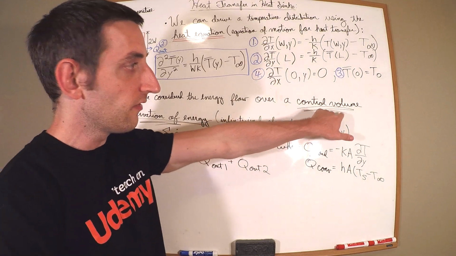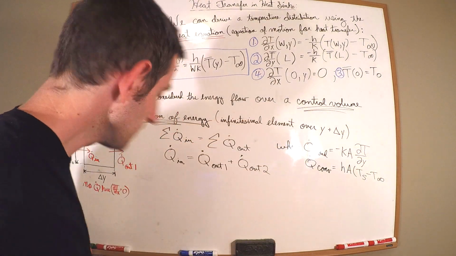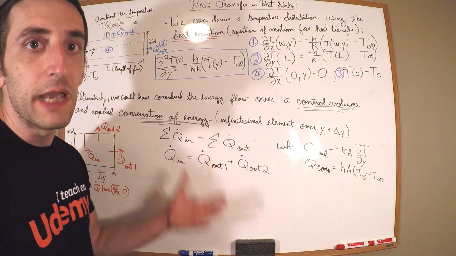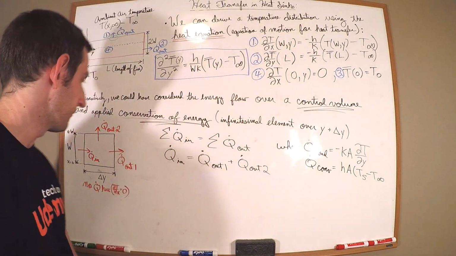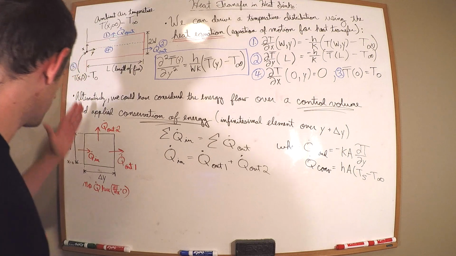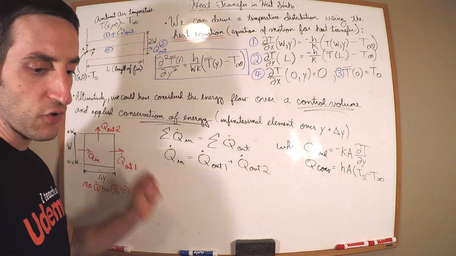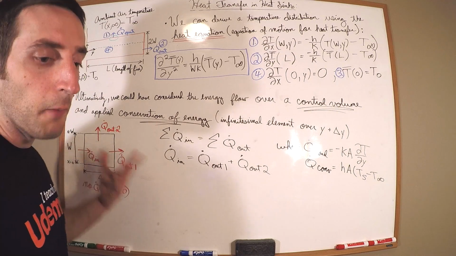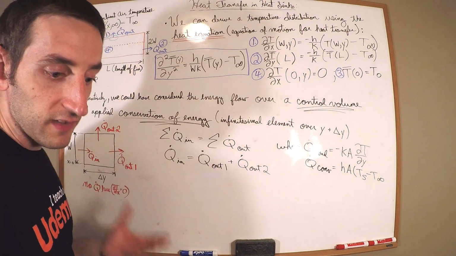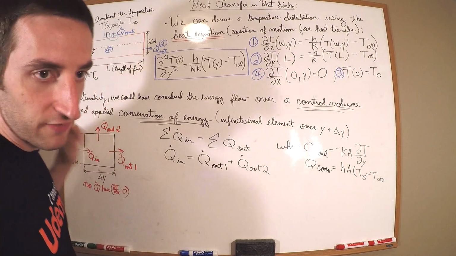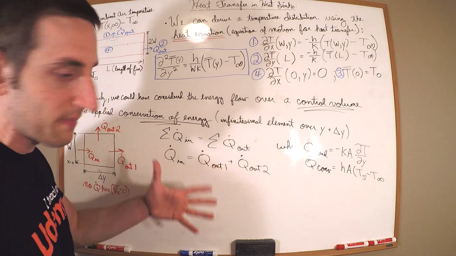It's a controlled volume, okay? If this boundary was moving, it would no longer be a control volume, okay? So what we do is we say on each boundary, what is flowing in is what is flowing out. We cannot create or destroy energy, so what comes in must come out, in essence, right? Unless we have heat that's generated inside. That would be an additional term in our balance.